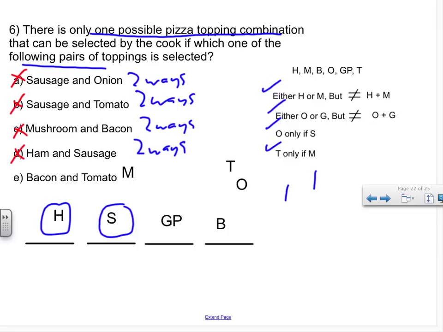And the final question, E, bacon and tomato. So let's clear out our diagram. And let's put bacon in the first position and tomato in the second position. And I know if I use T, I'm forced to use M, which is up here. So I know that I met the first condition.